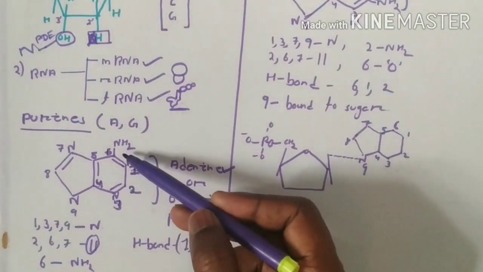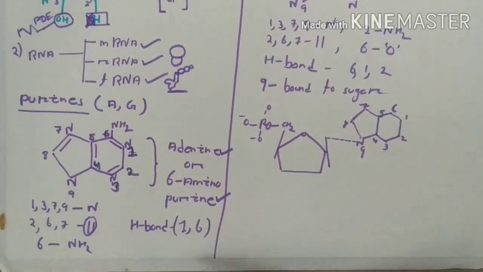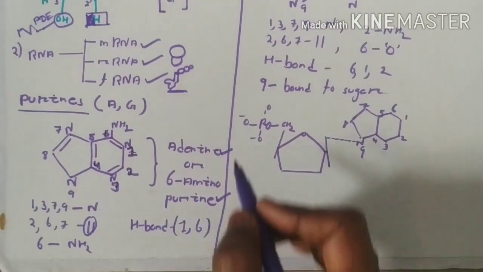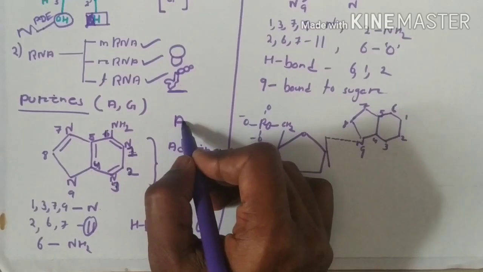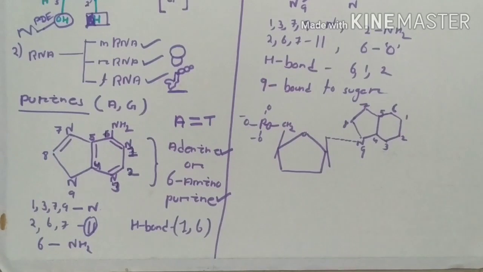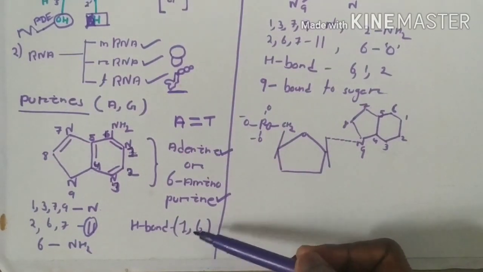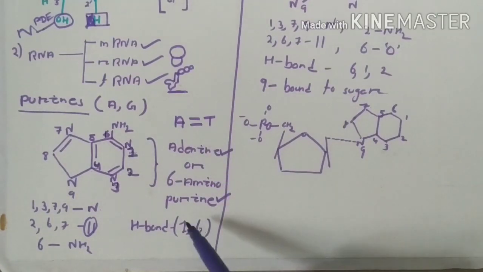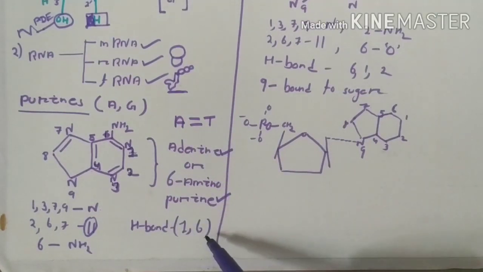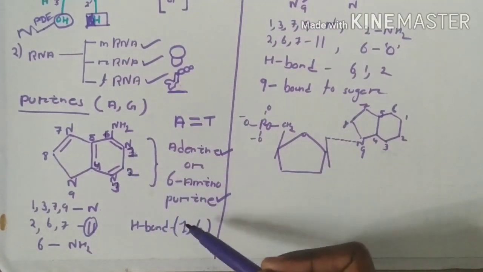And in the sixth position, the amino group is present. The most important thing is the hydrogen bond. As we all know, adenine forms hydrogen bonds with thymine, and 2 hydrogen bonds are formed between them, by the 1 and 6 positions.